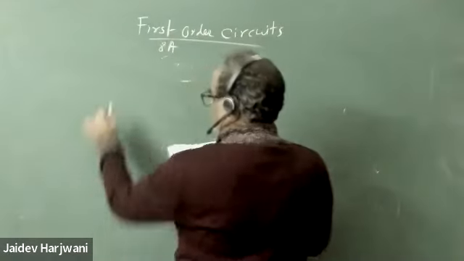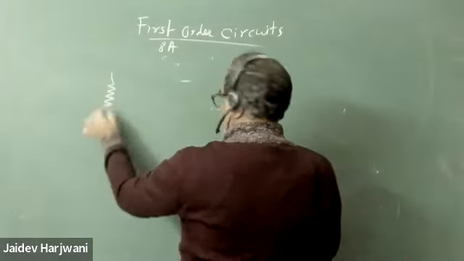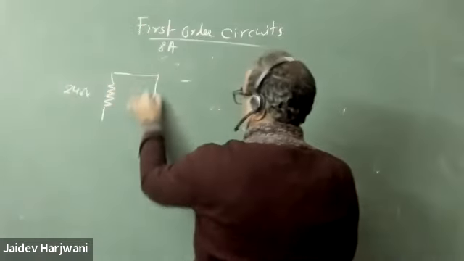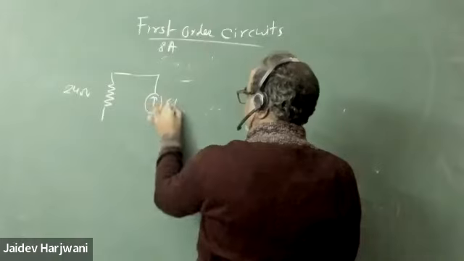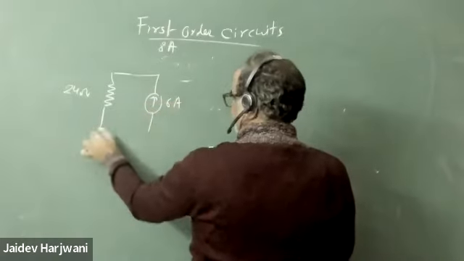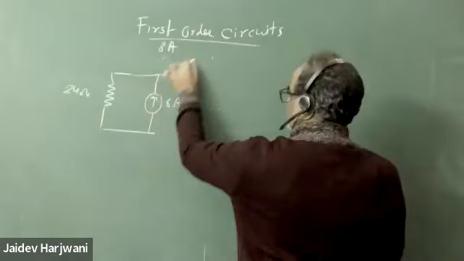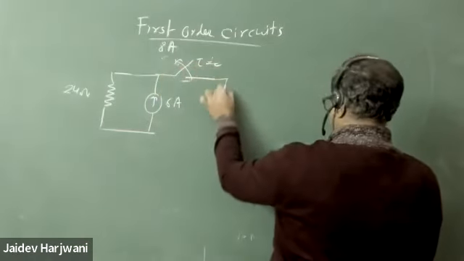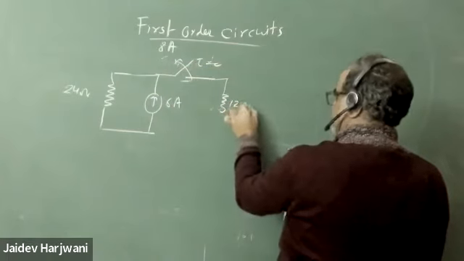So you have this 24 ohm. You have this 6 ampere. Here is a circuit which we are opening at t equals 0. Here you have 12 ohm.